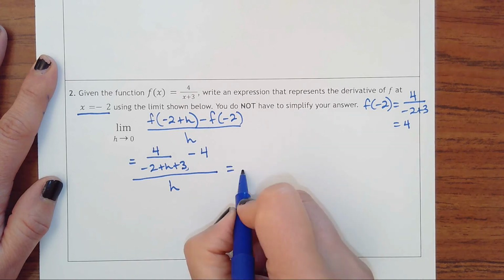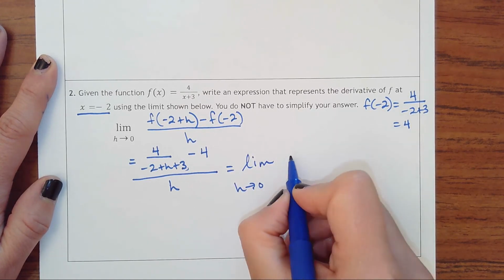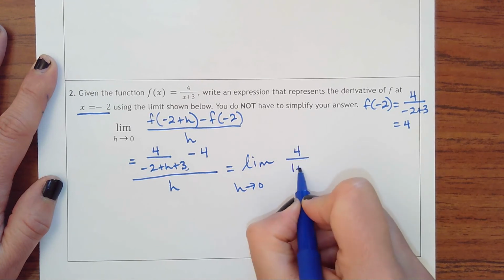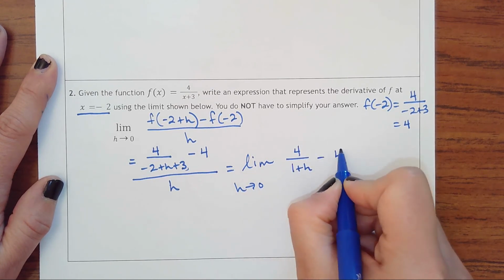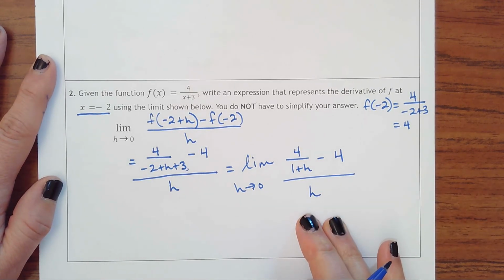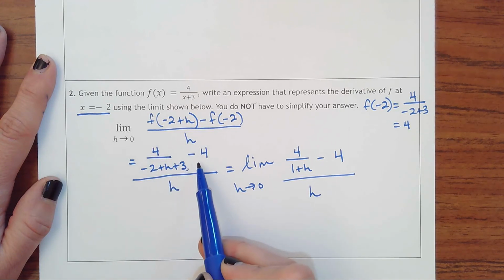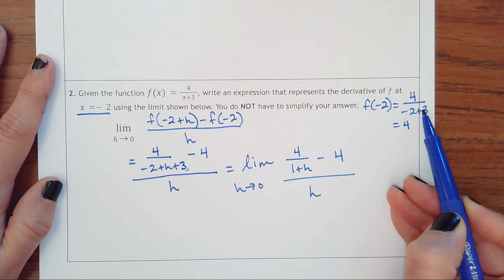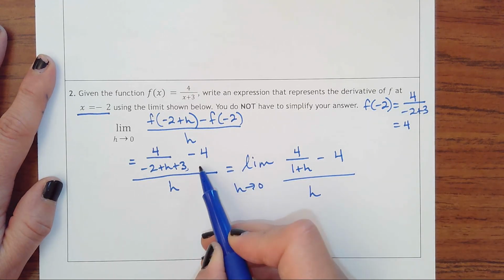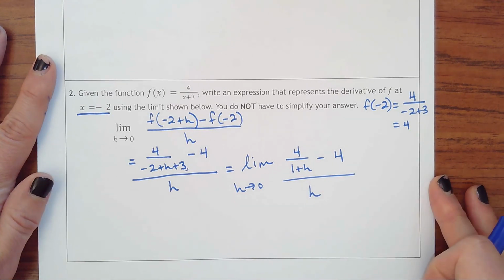So I get the limit as h goes to 0 of 4 over 1 plus h minus 4 over h. This is an acceptable answer. You could also have left it just like this, I'm sure. You could have also just put in this 4 over -2 plus 3 here. Could have done that and not gotten an actual number as an answer. There's lots of different ways that they'll take it.